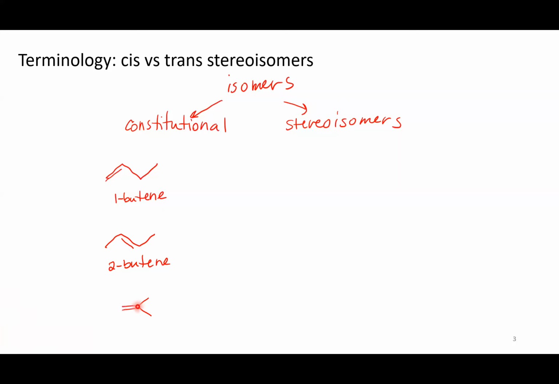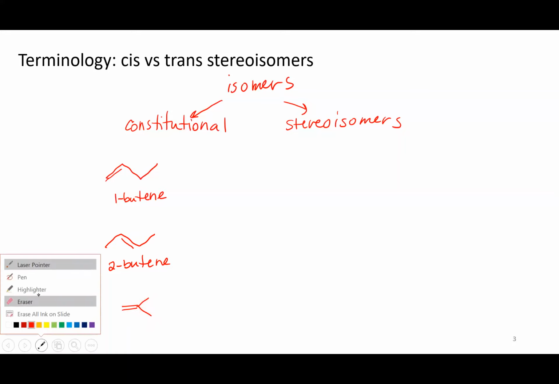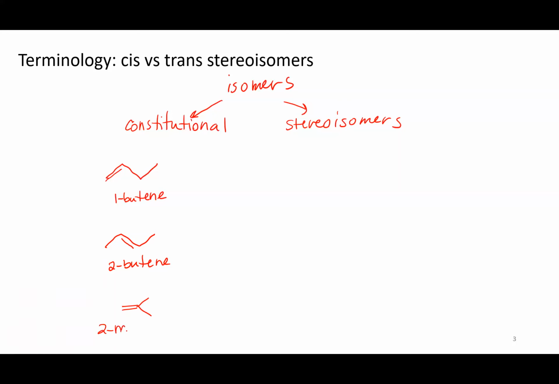So you can notice 1, 2, 3, 4. But now I have a methyl group on that second carbon. So this is going to be called 2-methylpropene. The point here is that each one of these is a constitutional isomer because they all contain 4 carbons but are connected differently.